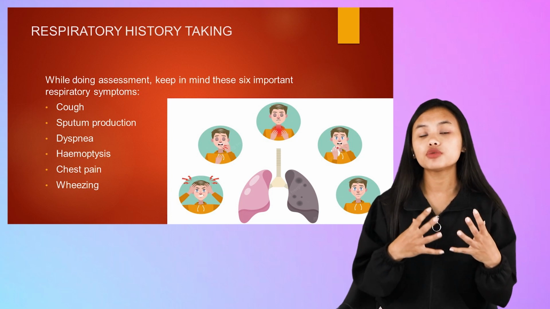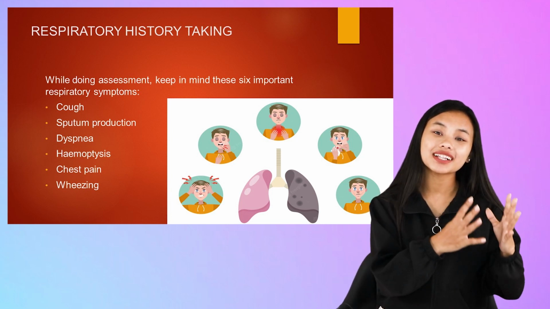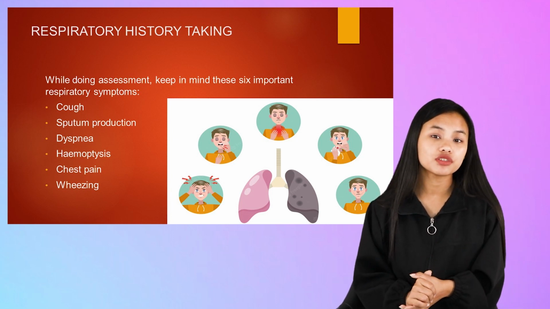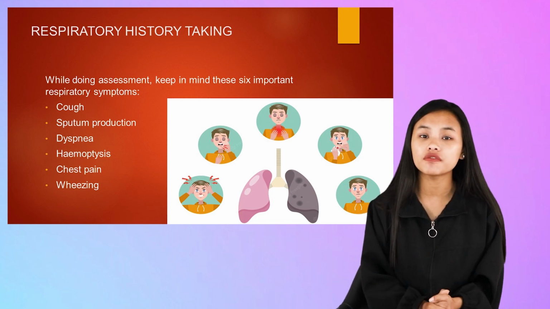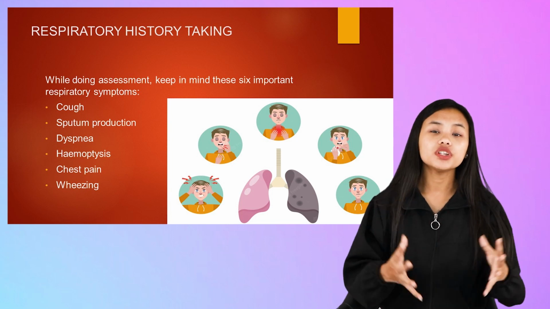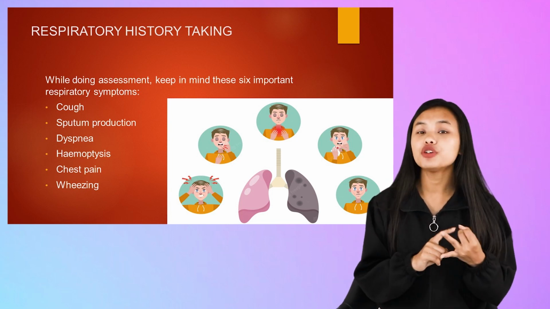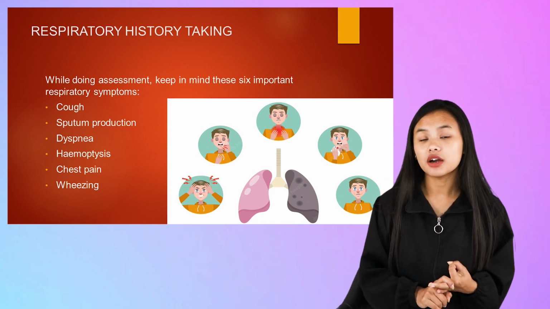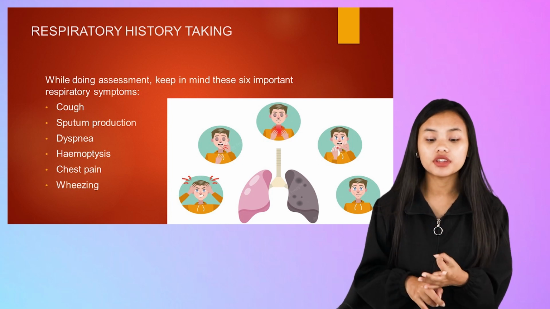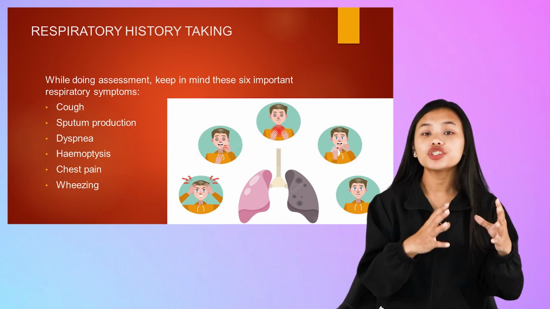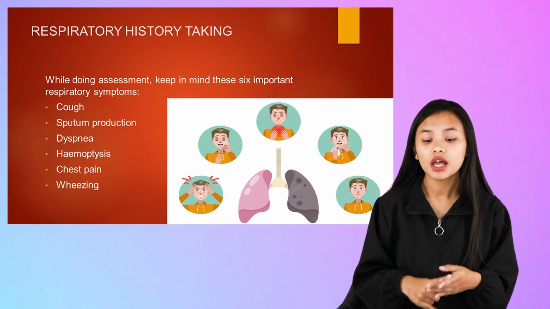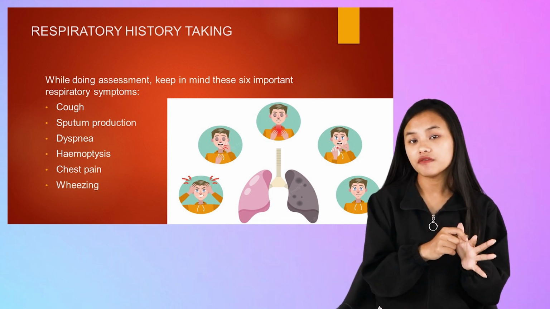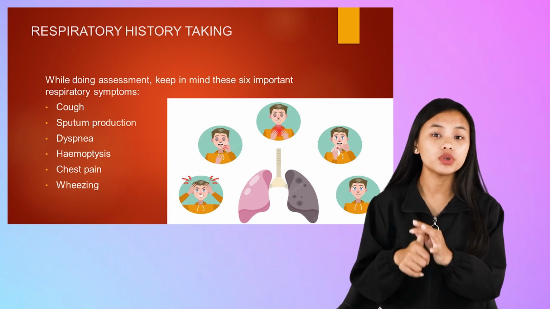So in order to get an idea if the client is having any respiratory problem or not, you must first try to identify the presence of these 6 symptoms, which are coughing, sputum production, dyspnea, which means difficulty in breathing, hemoptysis, which means there will be presence of blood in the sputum as well, and then the client may have the symptoms of chest pain and wheezing.